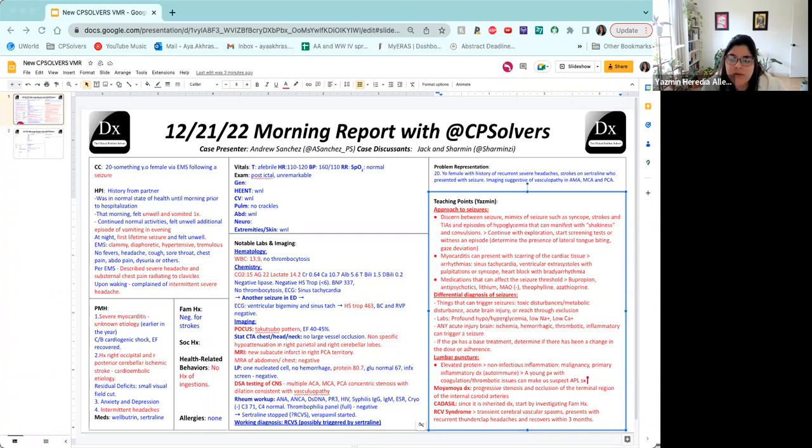Moyamoya presents with stenosis and occlusion of the vessels, and since CADASIL is an inherited diagnosis, we can investigate if anybody else in the family has it. Dr. Andrew and his team reached the diagnosis of RCV syndrome, which is a transient cerebral vascular spasm that presents with recurrent thunderclap headaches and recovers within 3 months. And these are all the teaching points for today.